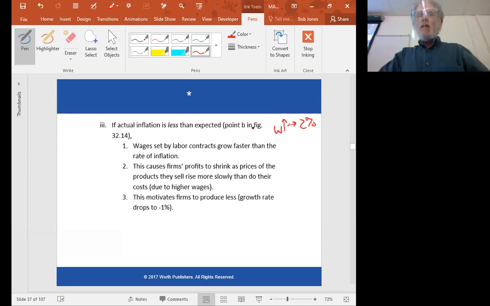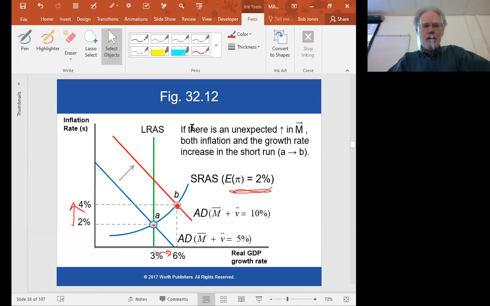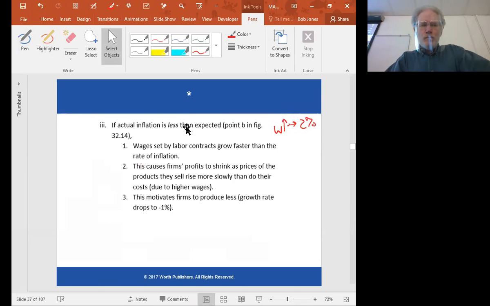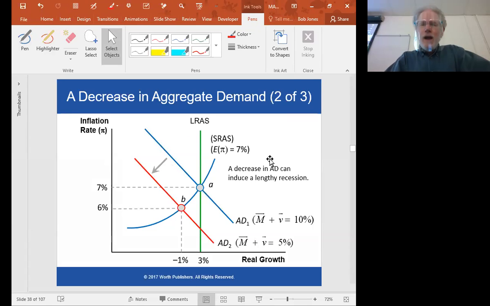That means that from the employer's perspective, his costs are going to go up by 2%. But what if it turns out that actual inflation is less than that? What if the firms aren't able to raise their prices by 2%? Actually, well, they changed the graph on me here.